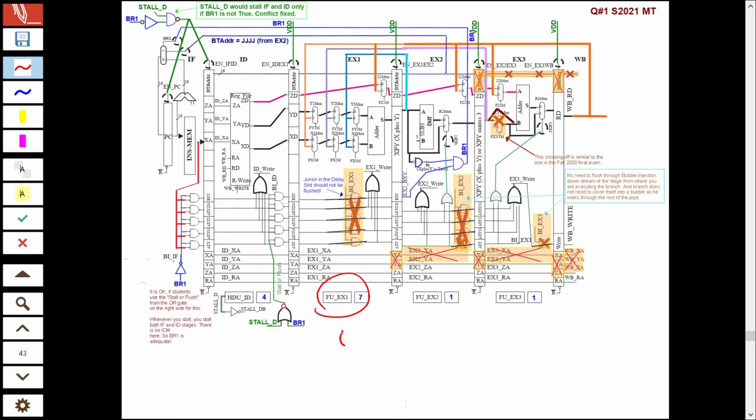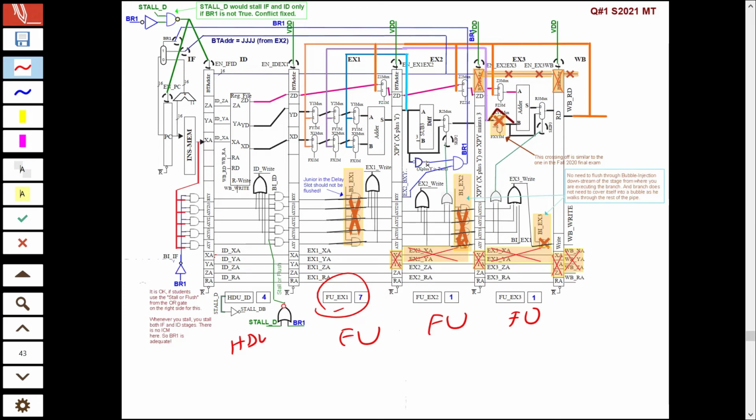Since we have the forwarding unit and HDU spread out like this, you need whatever comparison units and whatever control source register addresses you need to bring. In such cases, I simply bring them, because it's difficult for students to draw so many lines.